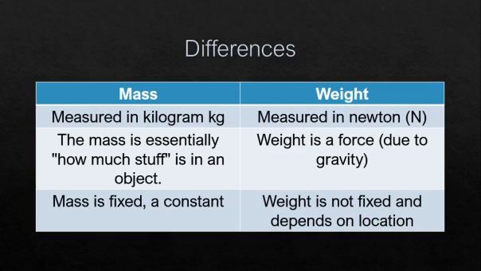If you go up to the top of a mountain, you weigh slightly less than you do at the bottom of the mountain. If you carried a block, whatever mass that was in kilograms at the bottom, that would be the same number of kilograms at the top. Whereas whatever its weight is at the bottom, which depends on gravity, as you go up, you get slightly less gravity, so it would have a slightly smaller weight. So there are 3 differences between those, and again, that's a homework question.